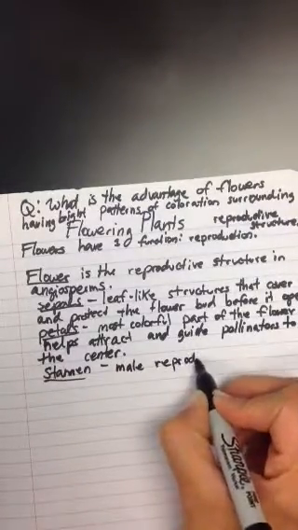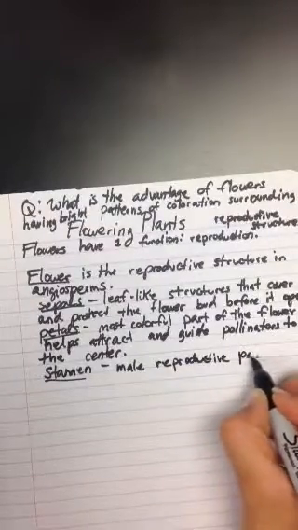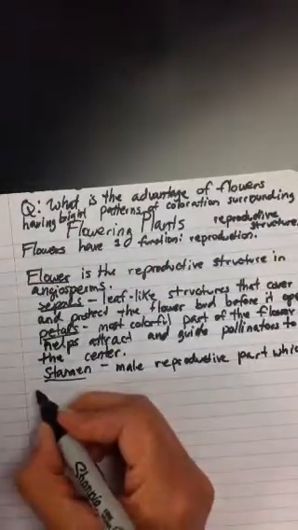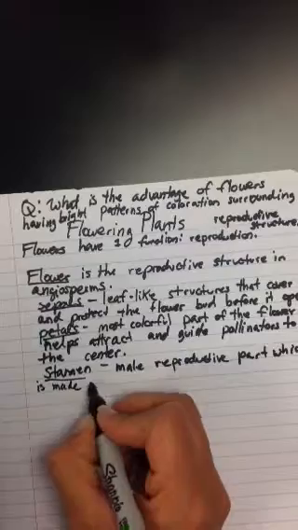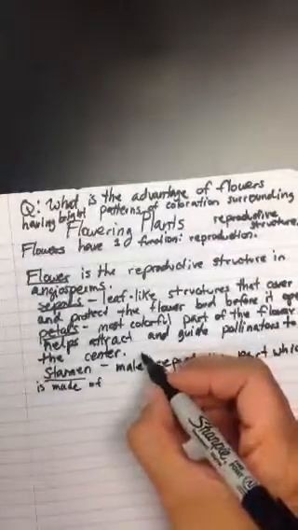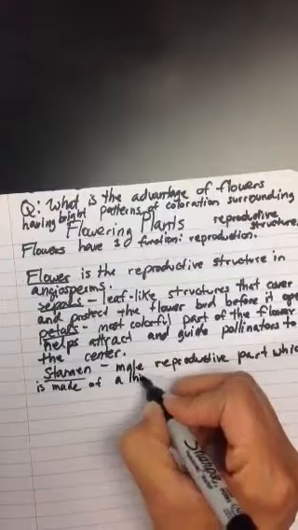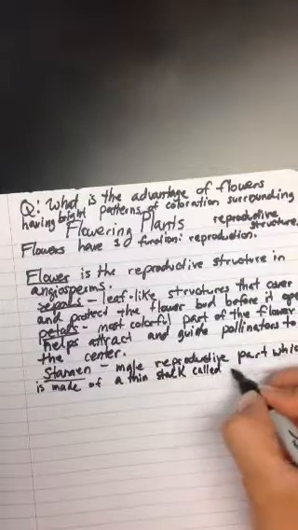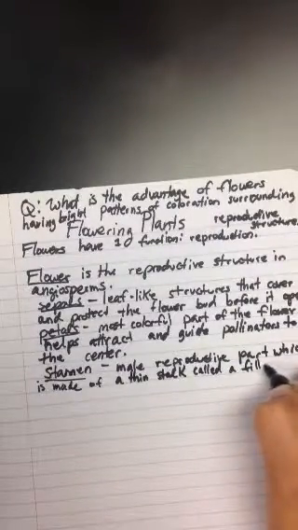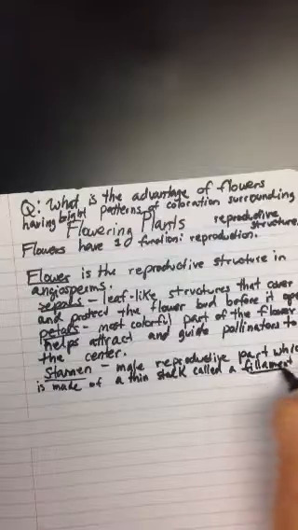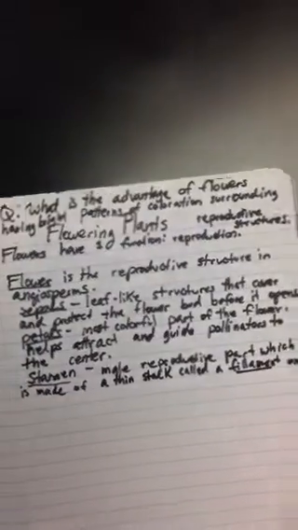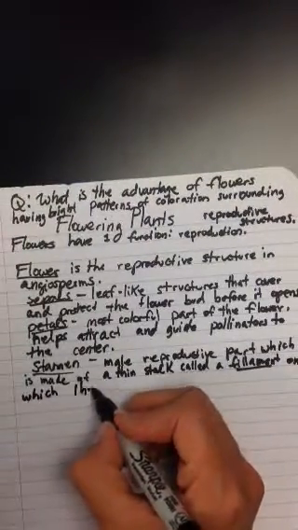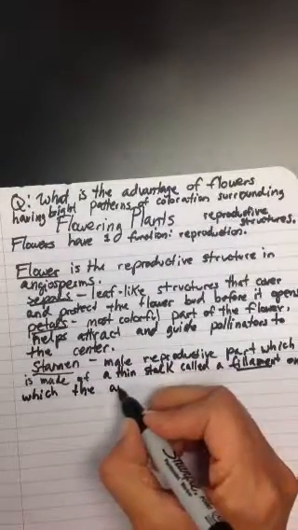The stamen is the male part, which is made of a thin stalk called a filament, on which the anther sits.